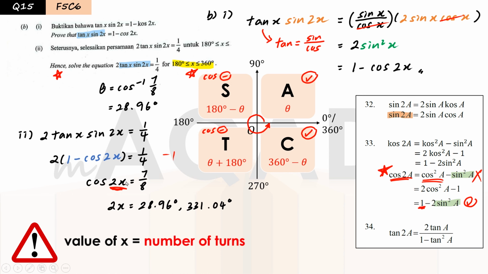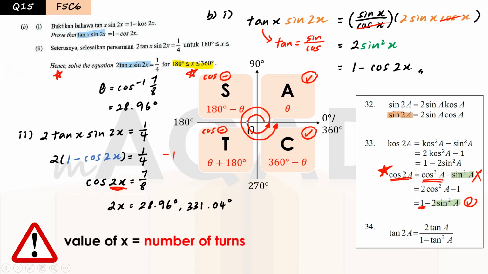But now it's 2x, so it means the angle will turn another round. Now if you see the first quadrant here, it touches 2 times already. First time is here, second time is here. Same goes for the quadrant here also: 1 time, 2 times.